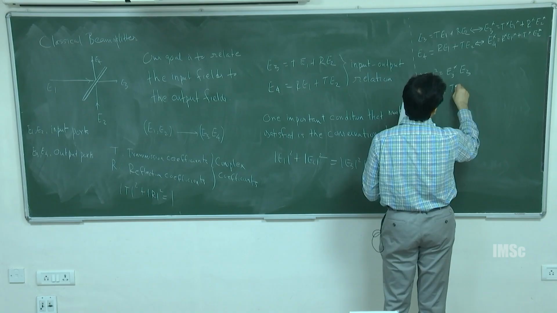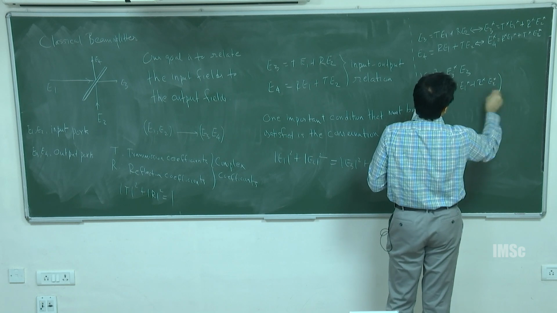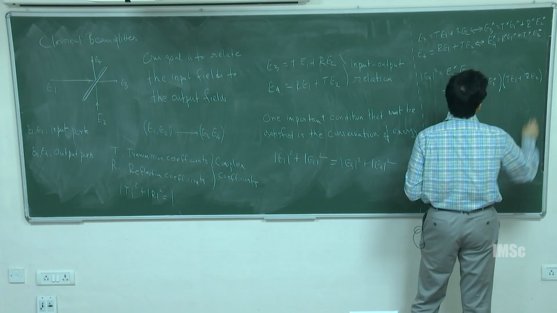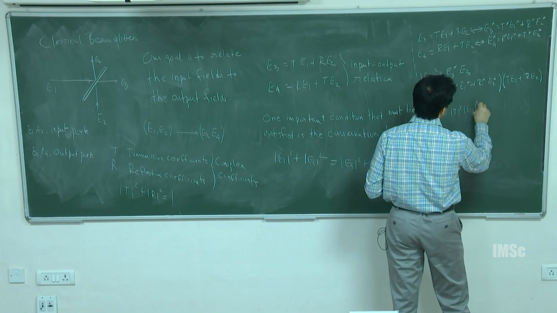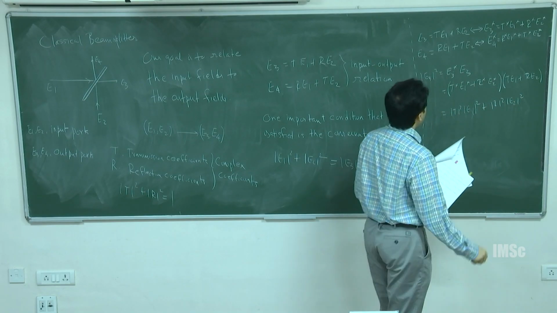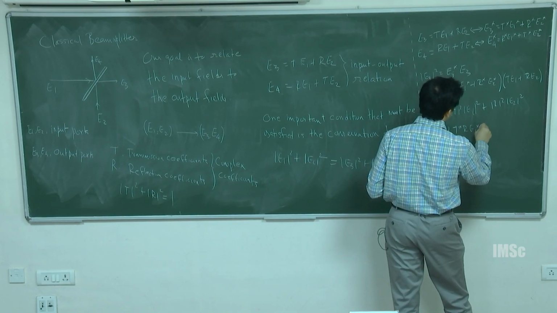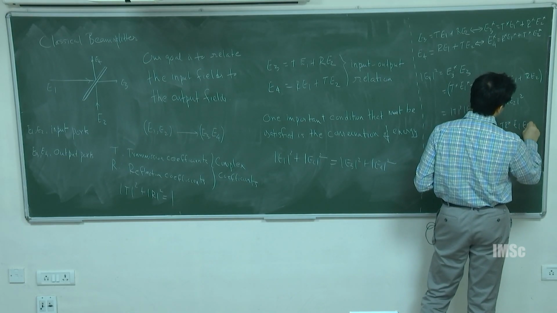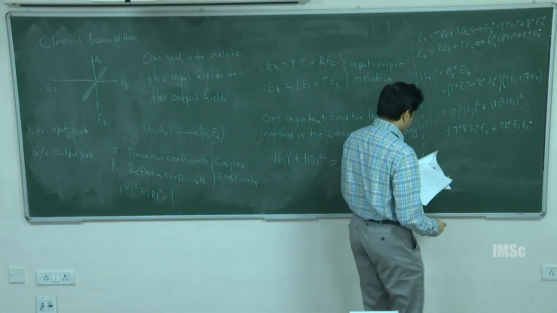The fourth term is basically the complex conjugate of the third term. So this is what we get.